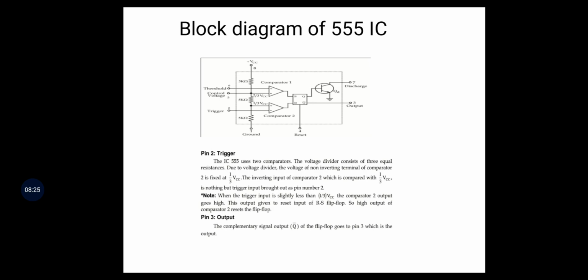So at the reset input, if it is greater than 1/3 VCC, the input is 0. If less than 1/3 VCC, the input is 1. Here we apply the triggering pulse at comparator 2.